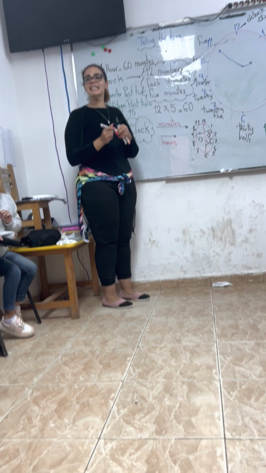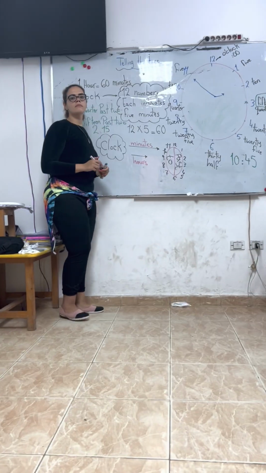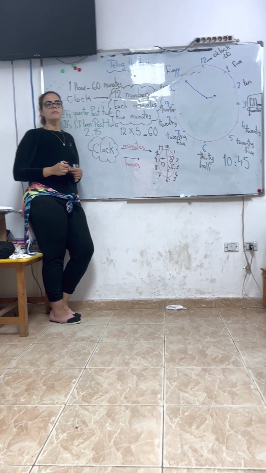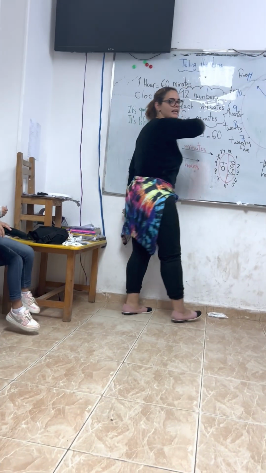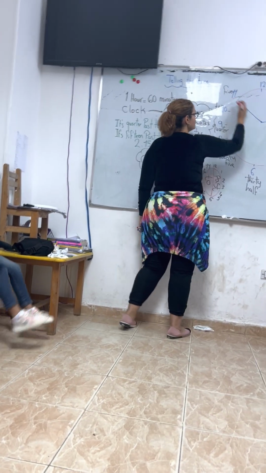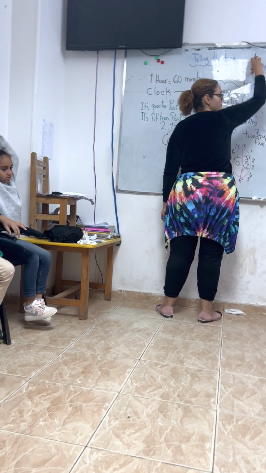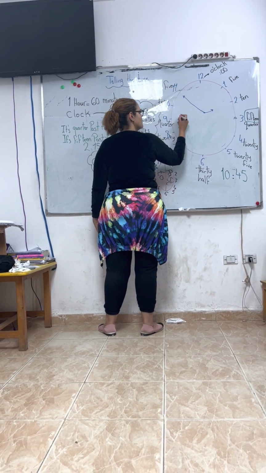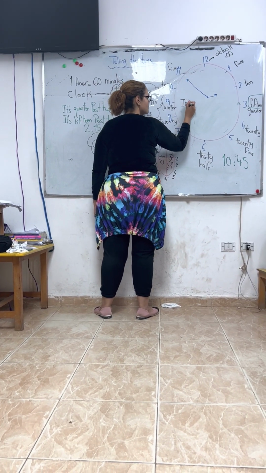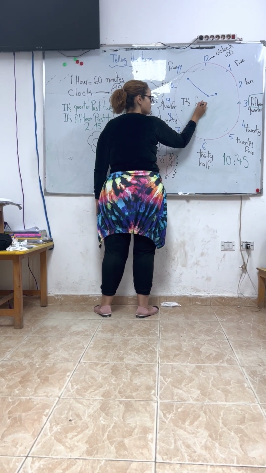Listen. The biggest arrow is the minutes. The minutes come to the amount of what? 5 minutes. So I'm going to write 5.